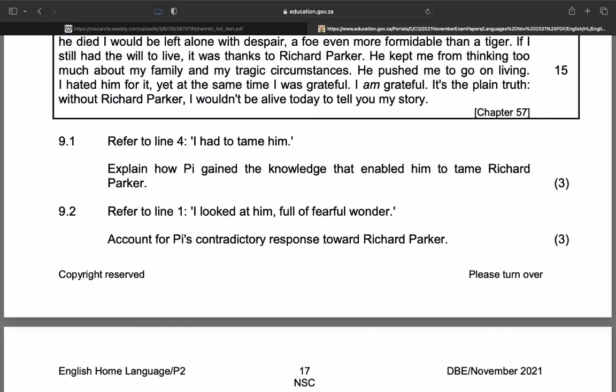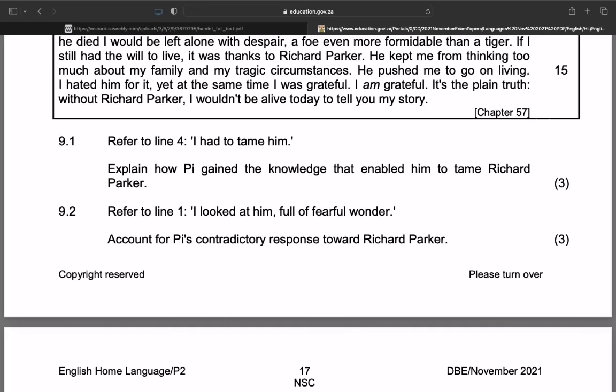You can say that Pi developed a deep sense of knowledge or information at the zoo, at the Pondicherry Zoo. You can go on to say that he spent time observing animals and understanding their habits.